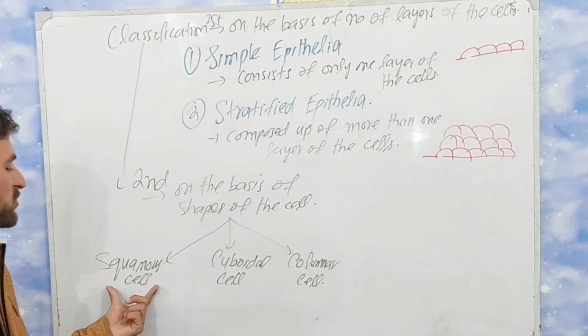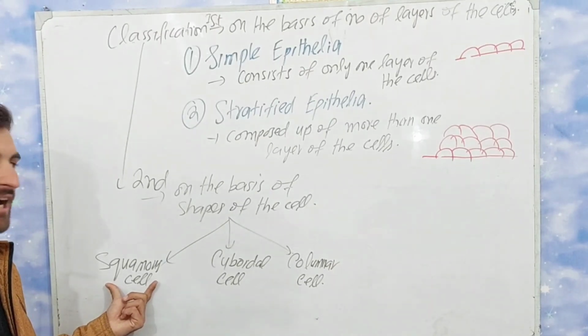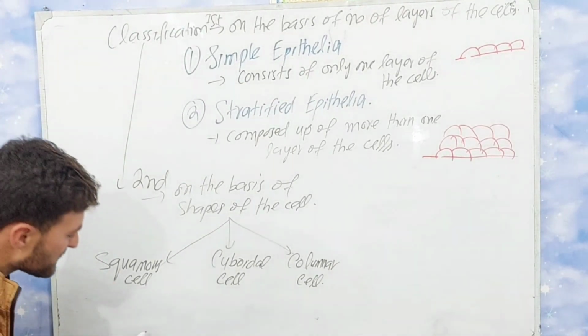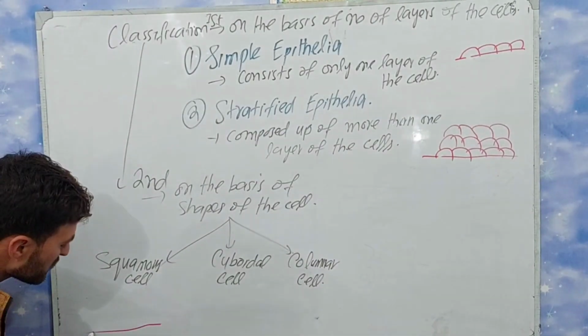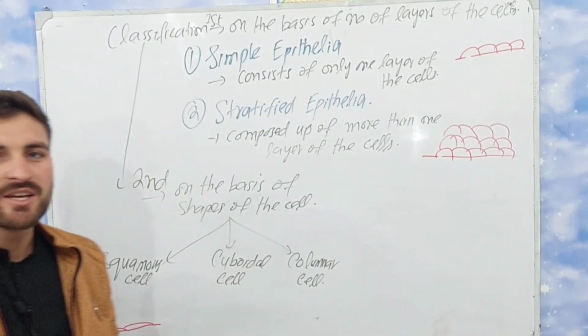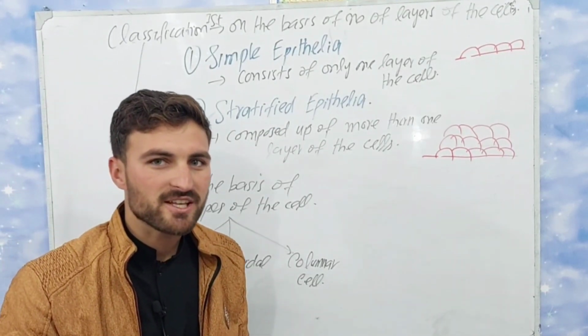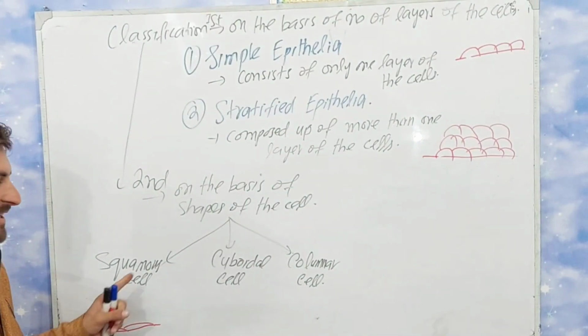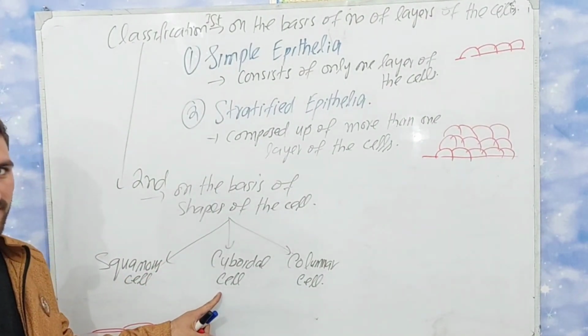The first one is squamous cell. Squamous cells are basically flat cells. Let's suppose this is the basement membrane, so the cell will be flat. If there is a flat cell, that will be a squamous cell. Now let's come to the second one, cuboidal.